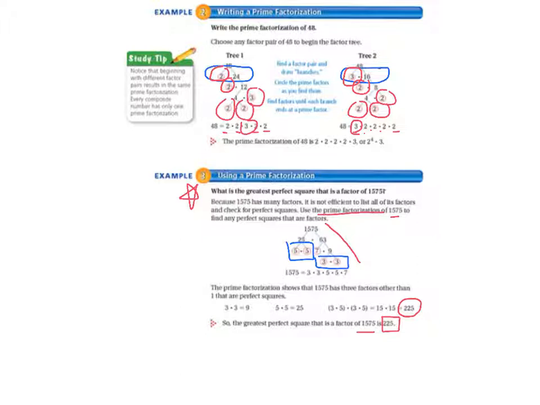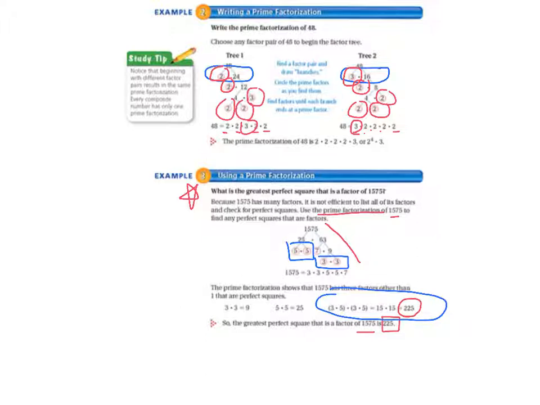And then since they have partners that match up with them, 3 and 5 can match up with each other and multiply together to equal our 15s down here, and multiply together to equal 225. So that's where the 225 came from.